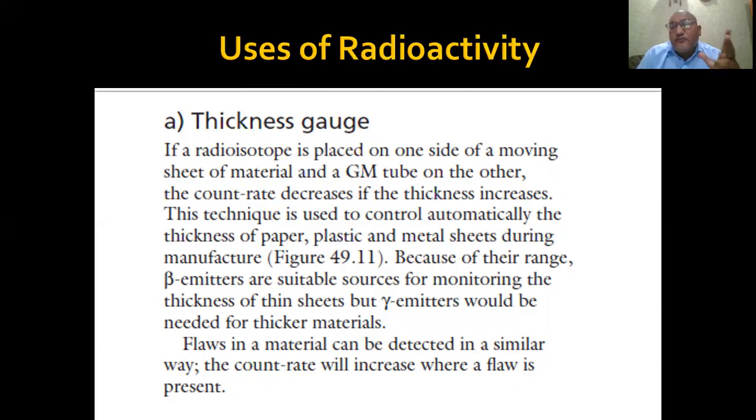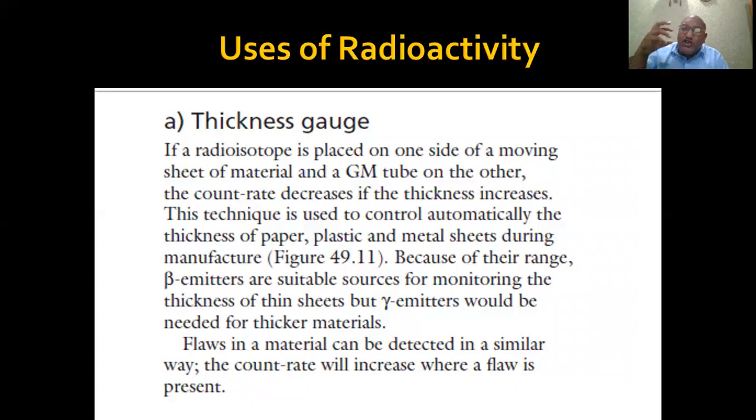I said thin, it is thick there, so the radiation is not able to pass. And if somewhere the reading increases from 400, it means the sheet there is very thin.